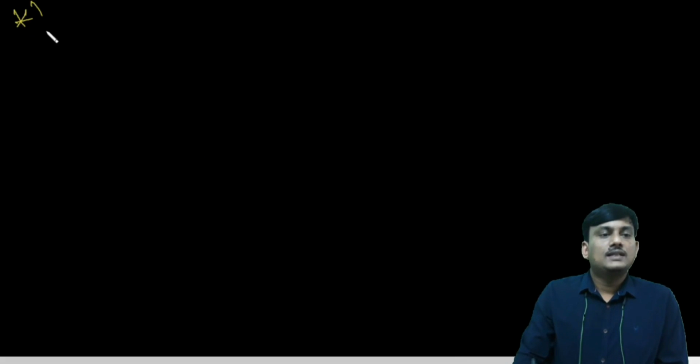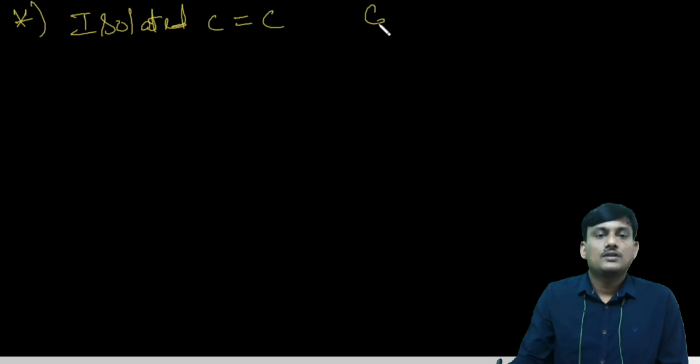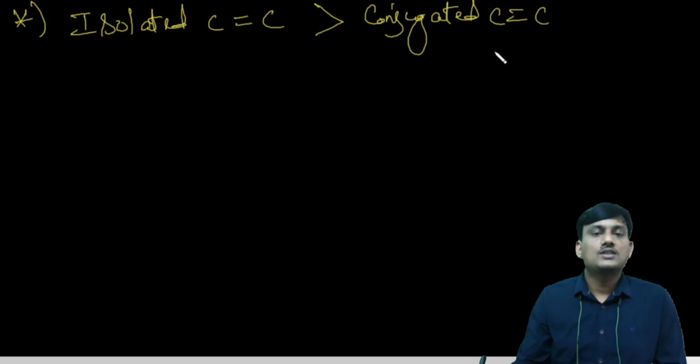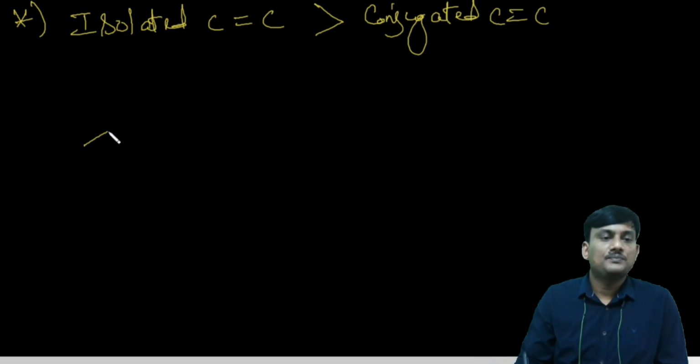When a polyalkene contains isolated C=C and conjugated C=C, the reactivity of the isolated C=C is greater than the conjugated C=C. Suppose you take a polyalkene which contains isolated and conjugated double bonds.